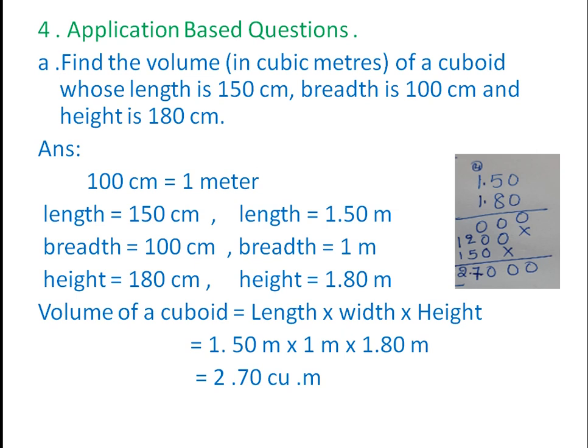Write down the length value 1.50 meters and width value 1 meter and height value 1.80 meters, and calculate this one. 1.50 meters multiplied with 1 is 1.50 and multiplied with 1.80 meters we will get 2.70 cubic meters. We want this cubic meters, that is, find the volume in cubic meters. See here, cubic meters we will get. See, this is the answer for this application based question.